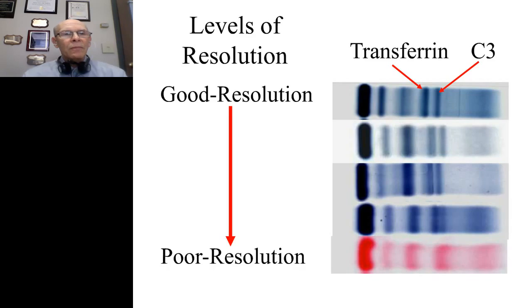As you can see, as we move down the scale toward poorer resolution from different products, the distinction of these two bands becomes less reliable. I think this separation is important because many M-proteins will migrate in the beta region, especially IgA M-proteins. With better resolution, one can be suspicious if there is a distortion of one of those bands. I'll show you such a separation in just a moment.